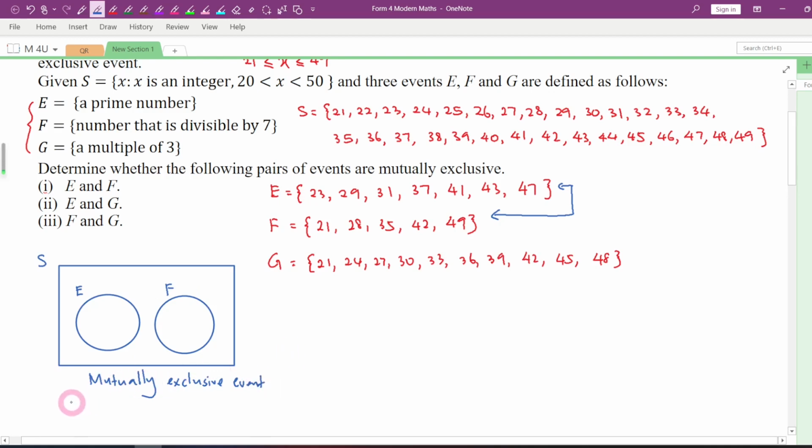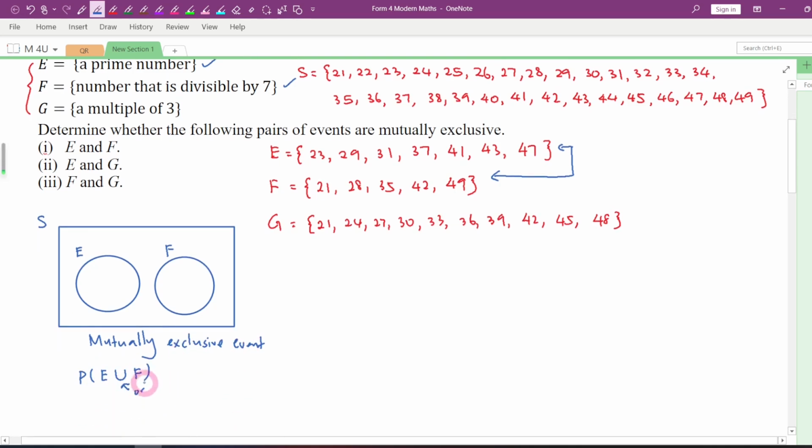So let's say if we want to find the probability of getting a prime number or getting a number that is divisible by 7, alright, so I will be using union. This is all.